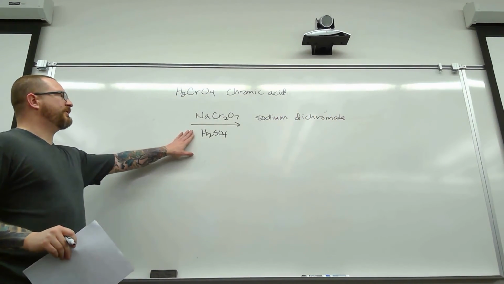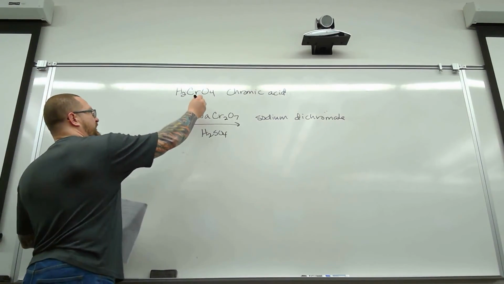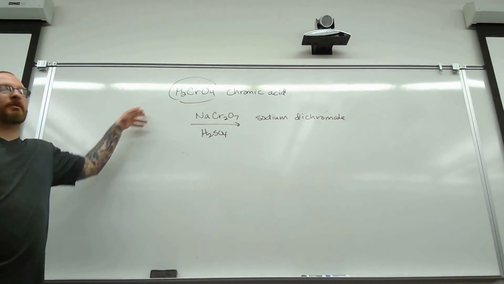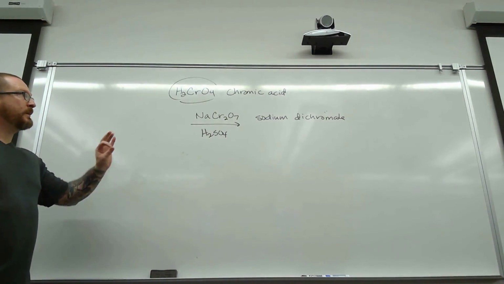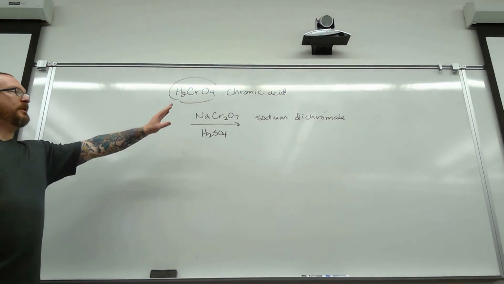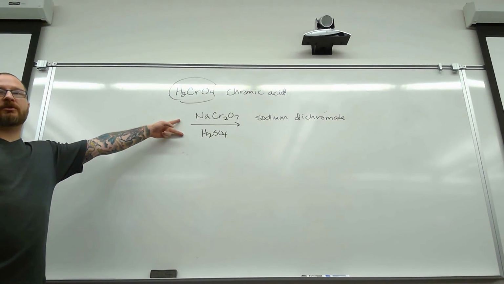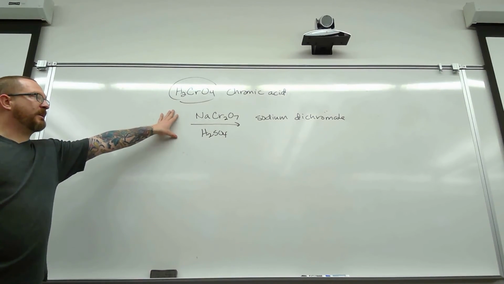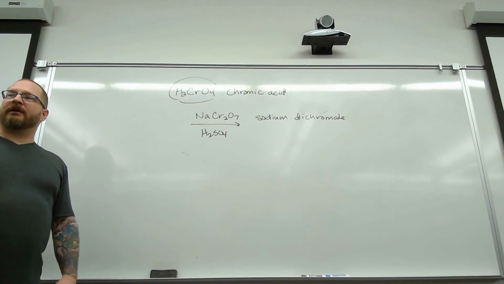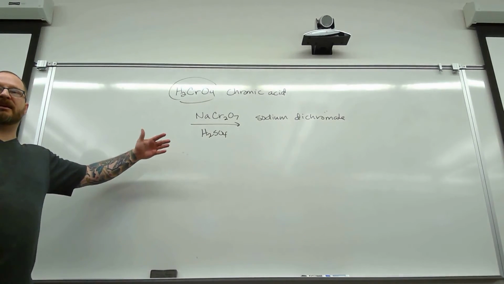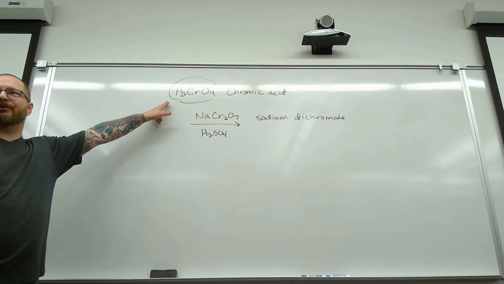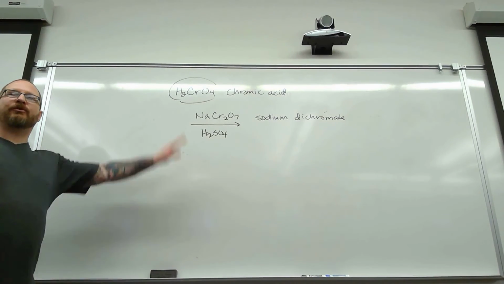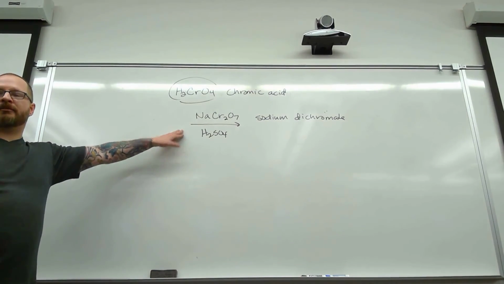Under high acidity, sodium dichromate becomes chromic acid, and this is what reacts. In a synthetic scheme, even though this is what you would do in the laboratory, you can just write chromic acid. If you want to substitute chromic acid with sodium dichromate and sulfuric acid, that is correct, and you can do that, but I'll take either. Because you can't buy this; you have to do this to make it in solution. So I'm just going to work on the assumption that if you put this, this is how you'll get there.